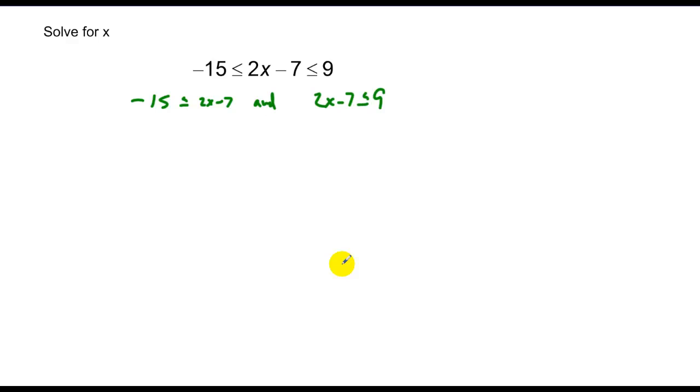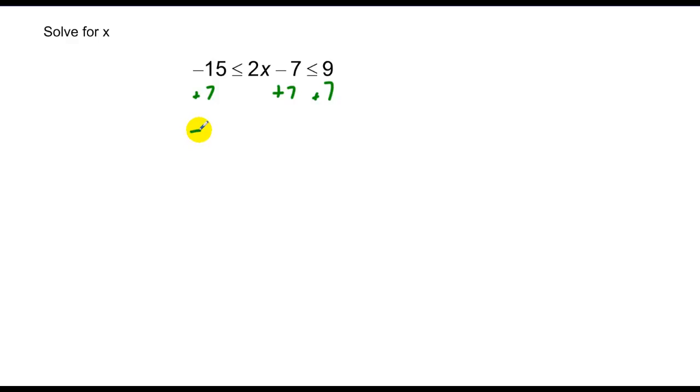Not really my choice. I wouldn't do it that way because I can solve this a little bit easier by doing the following. I can work this like a normal equation, but work it from two sides. So I'm going to add 7 to both sides of the inequality.